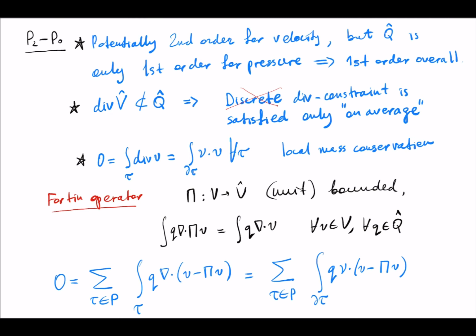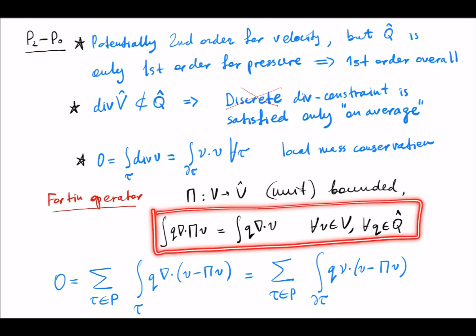Let's try to construct a Fortin operator. Again, we write here what we need to construct. The Fortin operator is a uniformly bounded operator sending v to v hat. This would now be our P2 space, of course, and it should satisfy this equality.